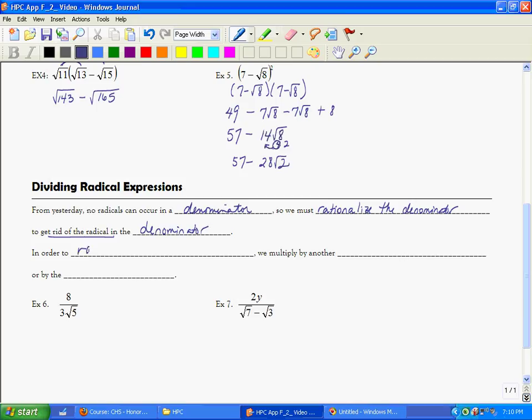In order to rationalize the denominator, we multiply by another radical expression or by the conjugate.